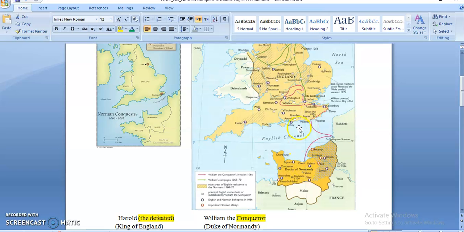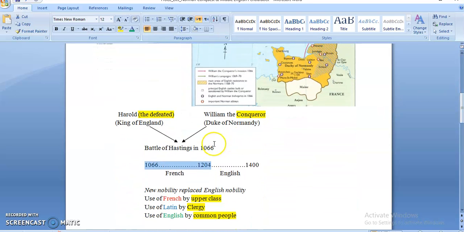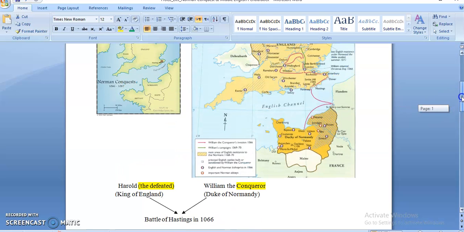So the ruler who ruled here in England also had some connection back in France. But in 1204 AD, these kings, Normans who lived here, they lost Normandy. Now they turned to assimilate themselves in England properly.